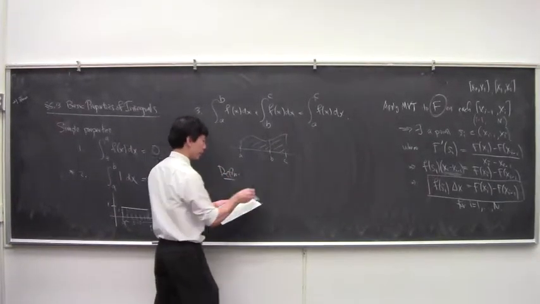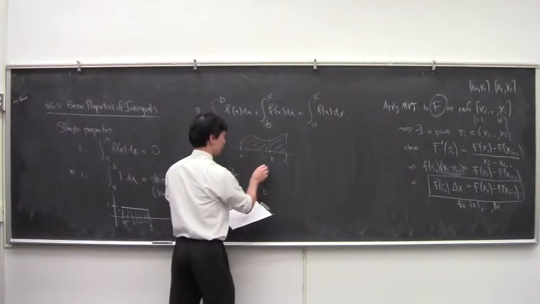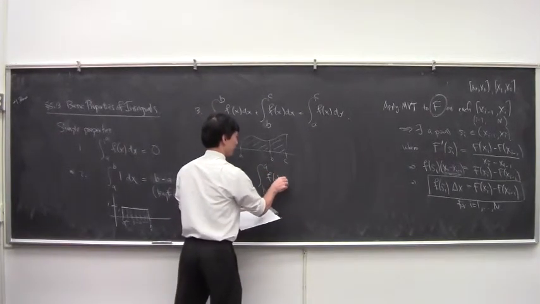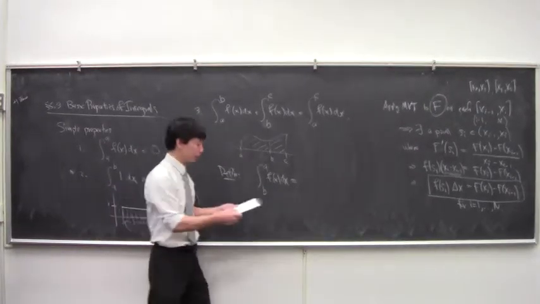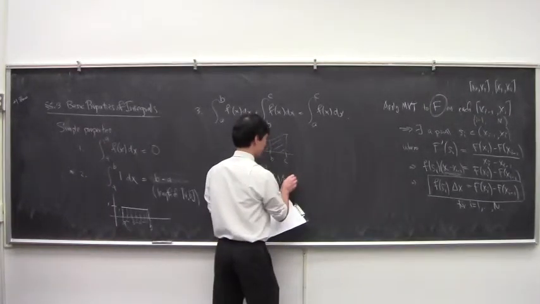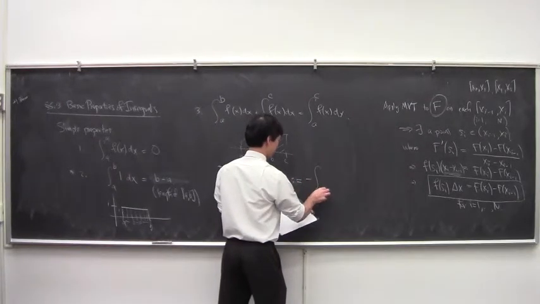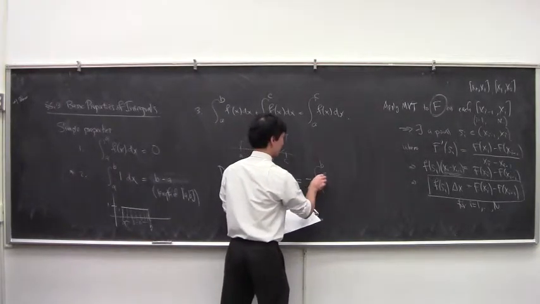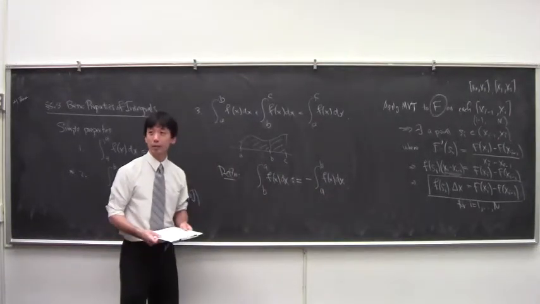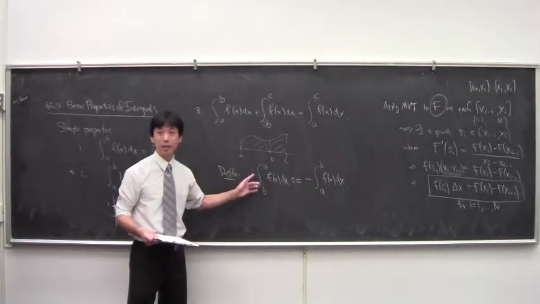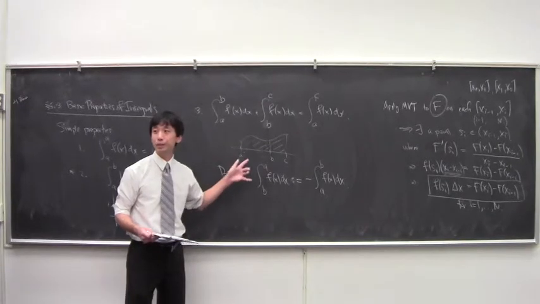Okay. Other things. Here's something we're just going to take as a definition. The integral from b to a, we're going to define as minus the integral from a to b. So it's permissible to take integrals in the reverse direction.